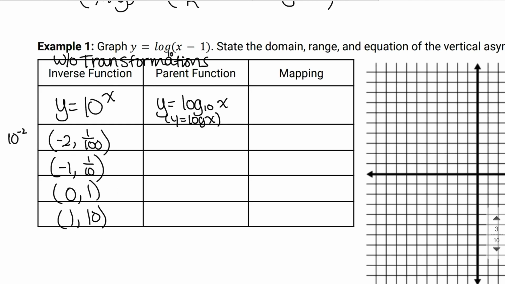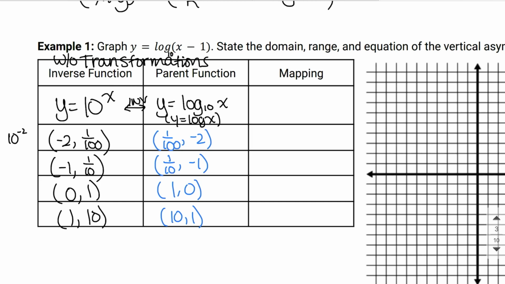These are inverses of each other, and an inverse just means that you swap the x and the y. So instead of -2, 1/100, it's now going to be 1/100, -2. It's going to be 1/10, -1; 1, 0; and then 10, 1.